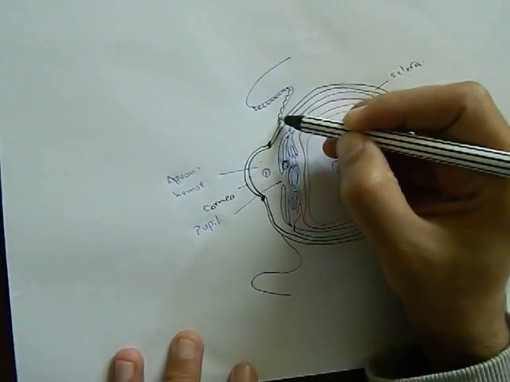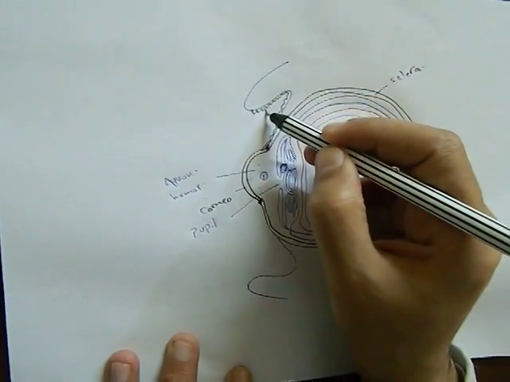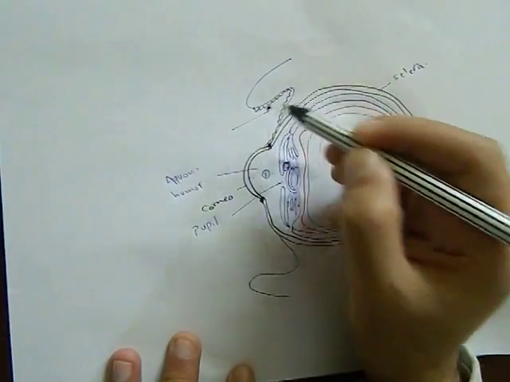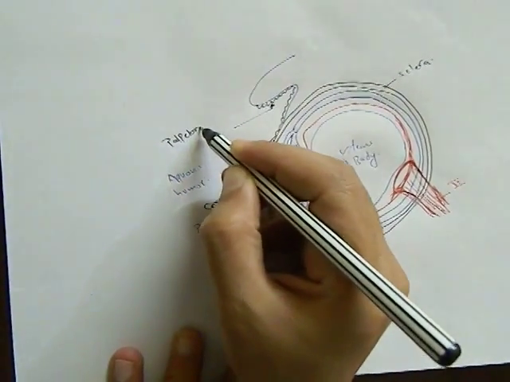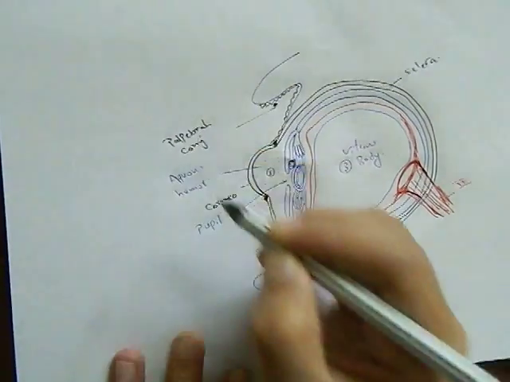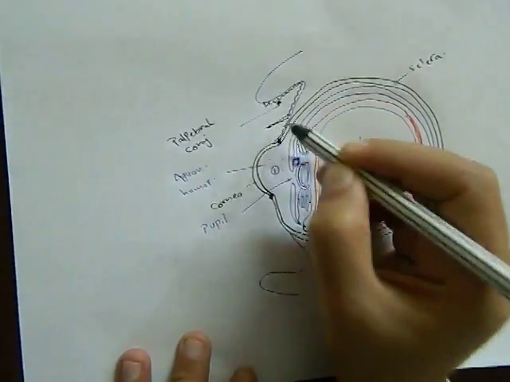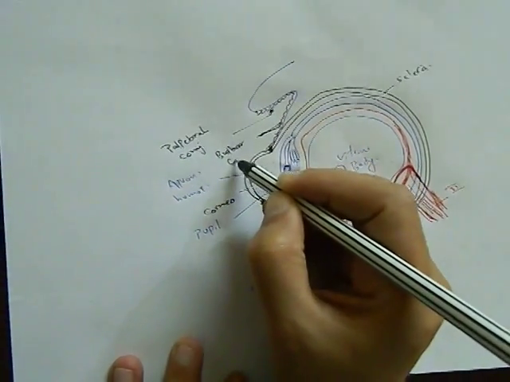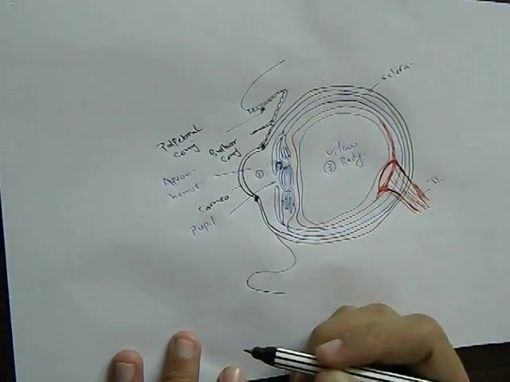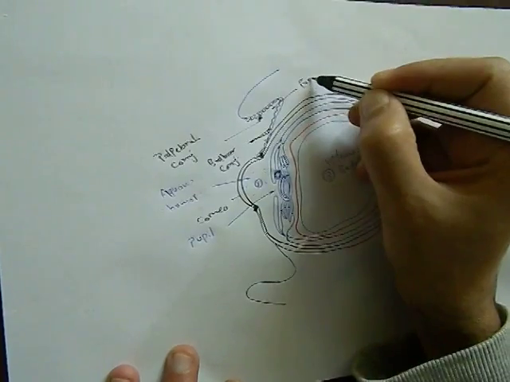The conjunctiva lining the lids is called palpebral conjunctiva, and the conjunctiva lining the eyeball is called bulbar conjunctiva. Between them is the fornix.